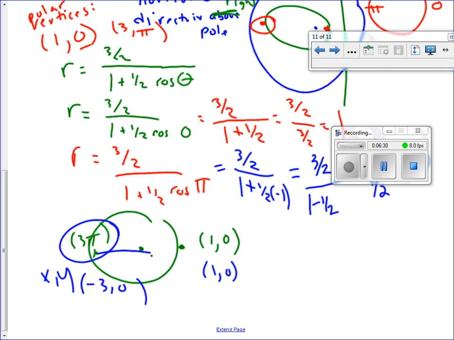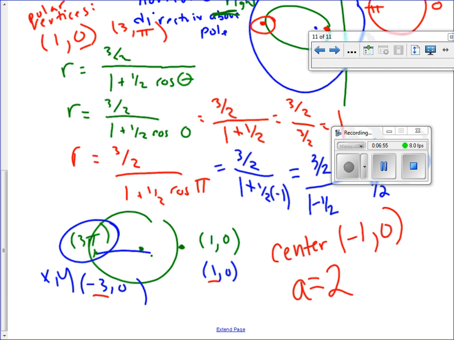My center is halfway in between those 2 points. I can average them together, and I find that my center is at -1, 0. A is your distance from your center to your vertices, and -1 is 2 units away from +1 and from -3, so A is 2.